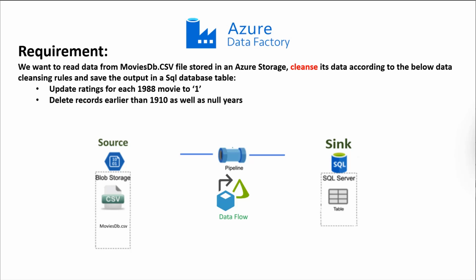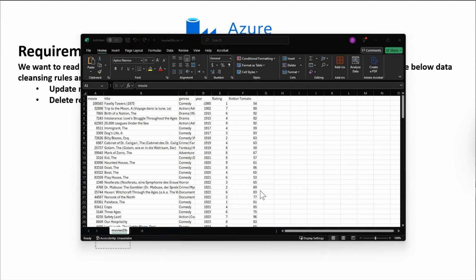I'm going to use a Microsoft sample file, which is called moviedb.csv, in this video. I'll show you this file quickly.